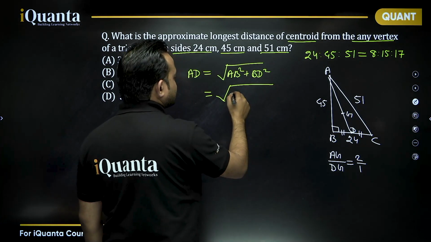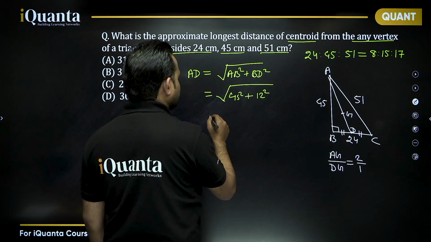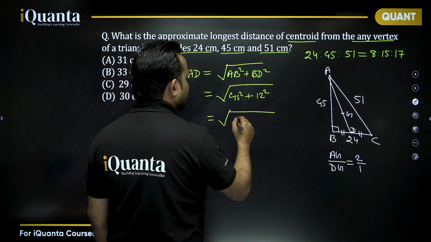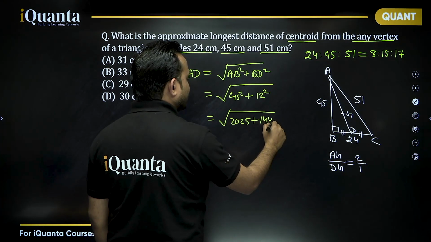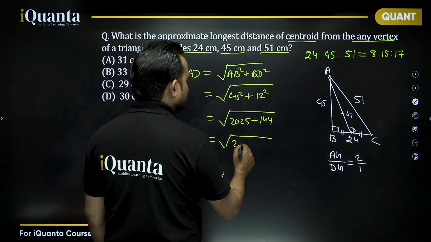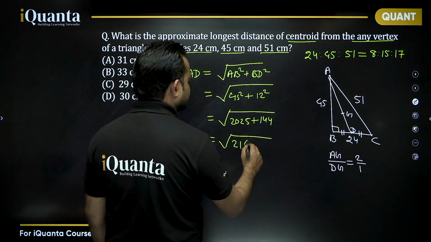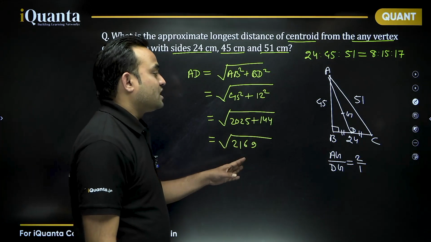AB square is 45 square plus BD square, and BD is 12 square. So this is equal to the square root of 2025 plus 144. This gives us 2169. Now we need to find 2/3 of this.